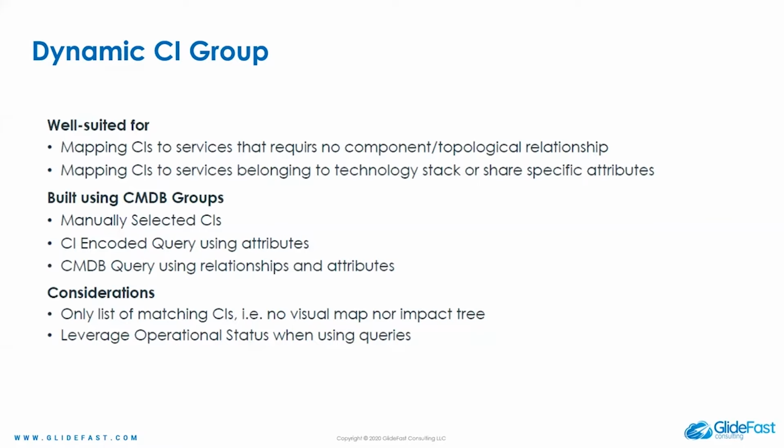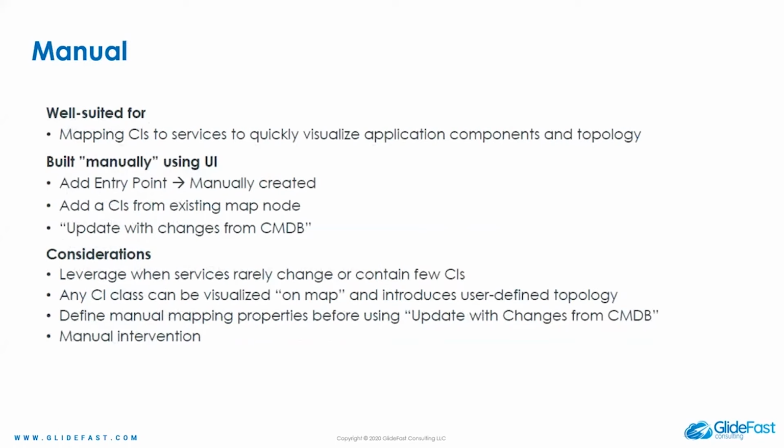There's no topological structure. Okay, moving on to the manual map. With this one, you can manually relate the CIs to the service to quickly visualize application components and topology. So you can build a topology here. Again, it depends on the information that you have, so you can create some relationships between the manual CIs. Any CI class can be visualized on the map, and it introduces user-defined topology, as I mentioned.